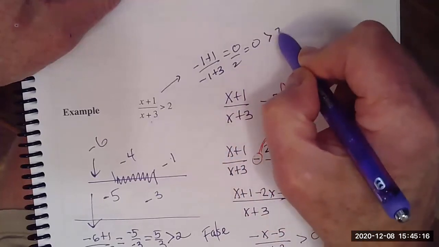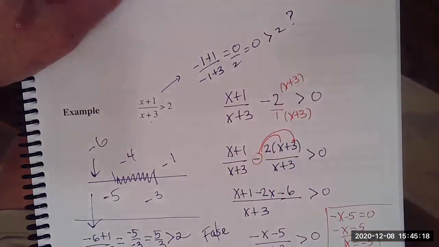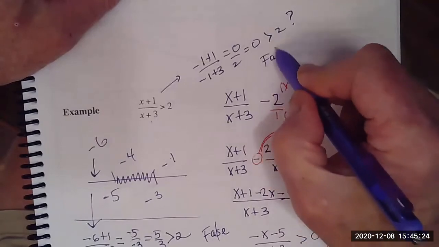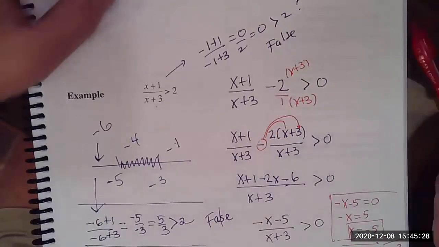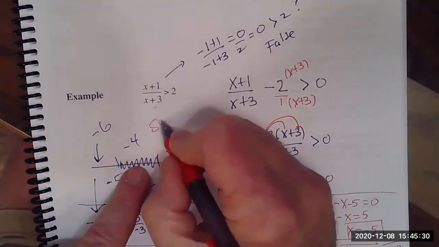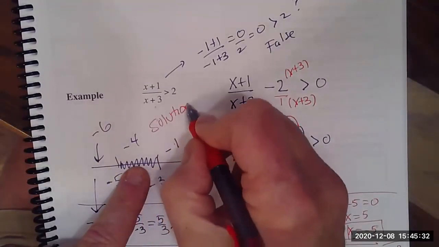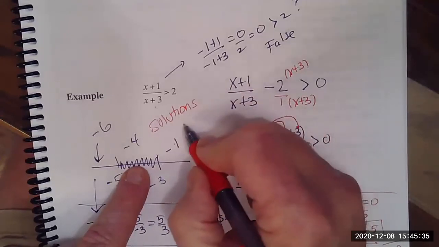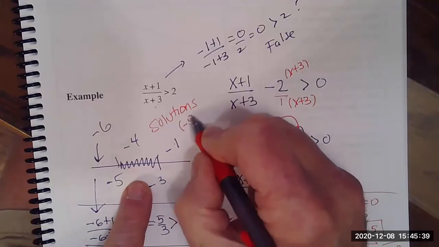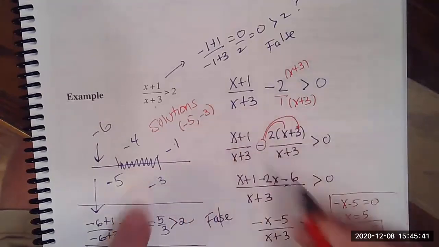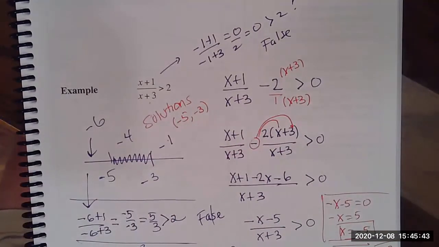Is that bigger than 2? Question mark. No. So don't shade. So the answer is right here in the middle. So the solution is, okay, parentheses -5 to -3. Those are your solutions.